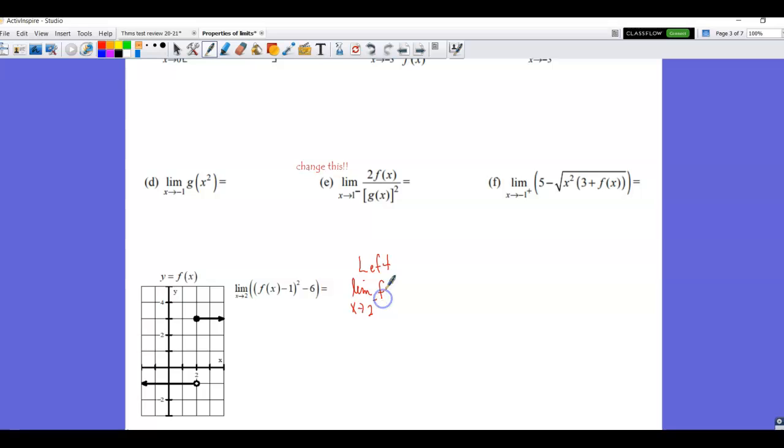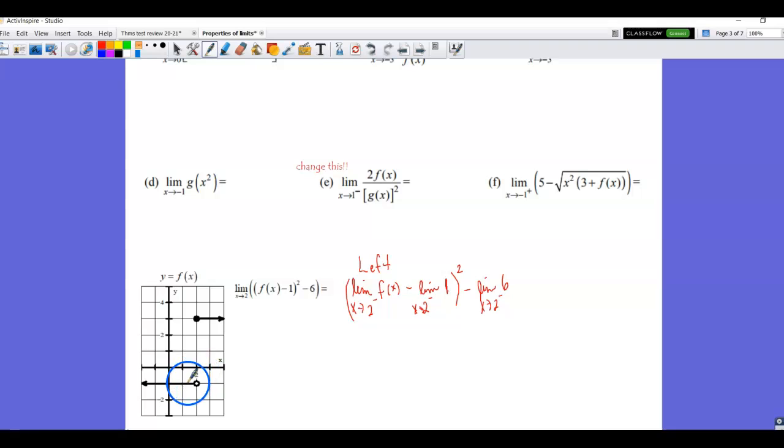So we'll have the limit of f of x working on the inside, minus the limit as x approaches 2 from the left side of 1, and that gets squared, minus the limit as x approaches 2 from the left of 6.